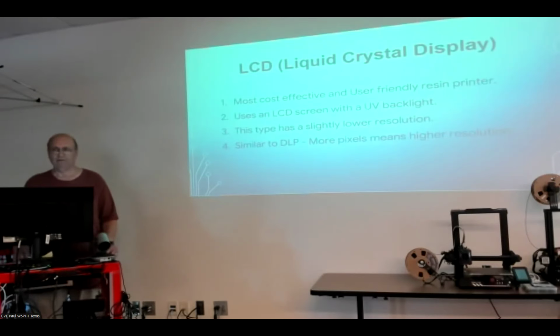Now, one of the cool things about the resin printers, what Steve was talking about with the FDM, is you could sometimes see the layer lines between where each of the layers go. With the resins, you can actually smooth the resin before you cure it in an acetone bath. Acetone, thank you, I was looking for acetone. In an acetone bath, and it'll actually smooth out all the layers on it.